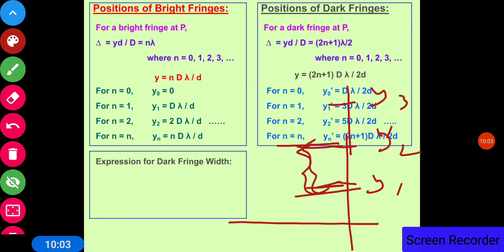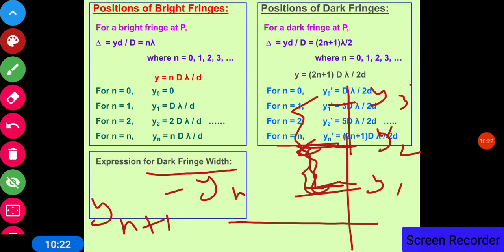So the expression for the dark fringe width. This will be the width of the dark fringe, which is equal to y2 minus y1 or y3 minus y2 and so on. And in general we can say that this is the difference between y(n plus 1) minus yn. So y(n plus 1) minus yn will be the expression for the dark fringe width.